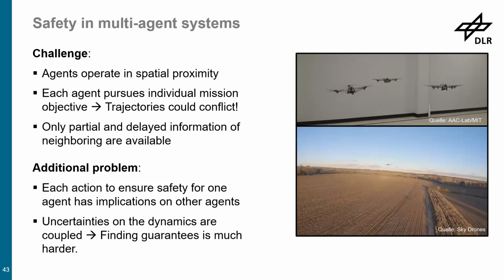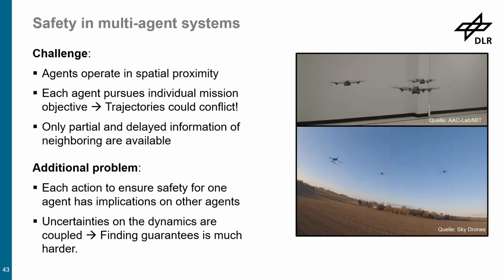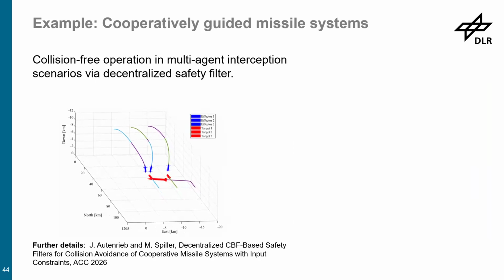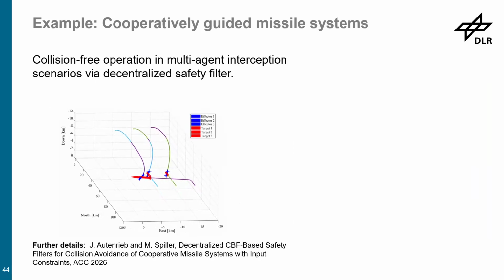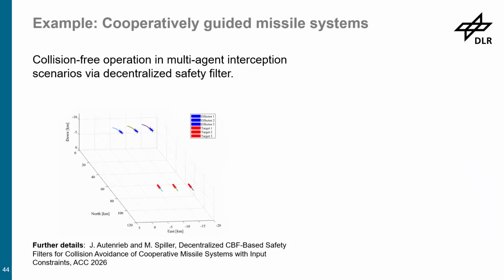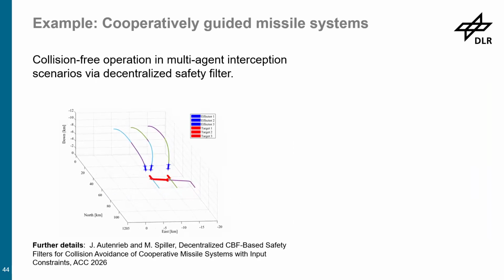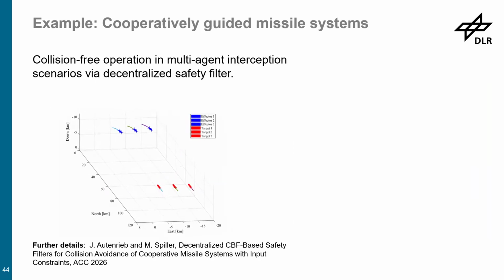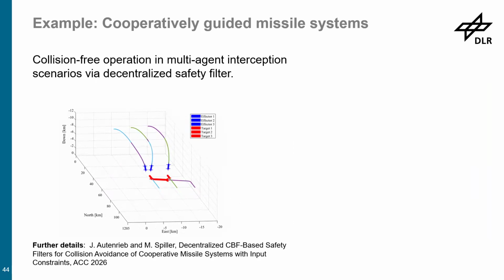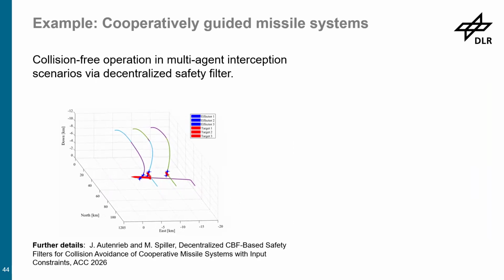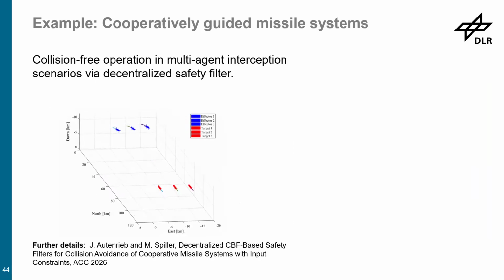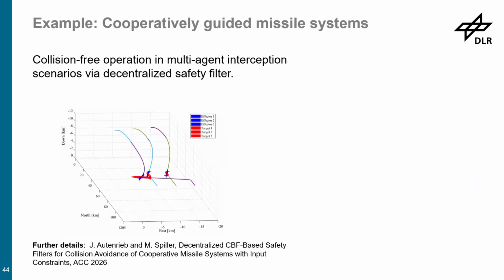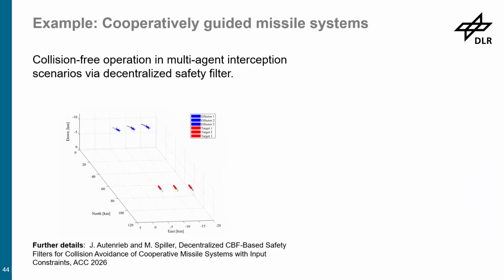It started for us in a project in which we had to design cooperative guidance schemes for missile systems, right? So we had many scenarios where all of the missile systems were assumed to be agents that can make decisions, and they have to decide between each other who is trying to intercept which target, right?